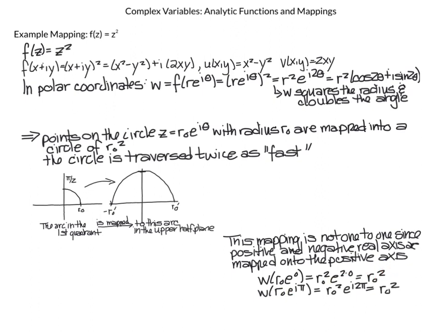Whereas w of r naught e to the i pi, that's over here on this side, is equal to r naught squared e to the i 2 pi. And so now we've come back all the way around to r naught squared. So this mapping is not one-to-one, since the positive and negative real axis are mapped into the positive axis. As we see in this example, where we have something positive versus something negative, both of them get mapped to the positive r naught squared.